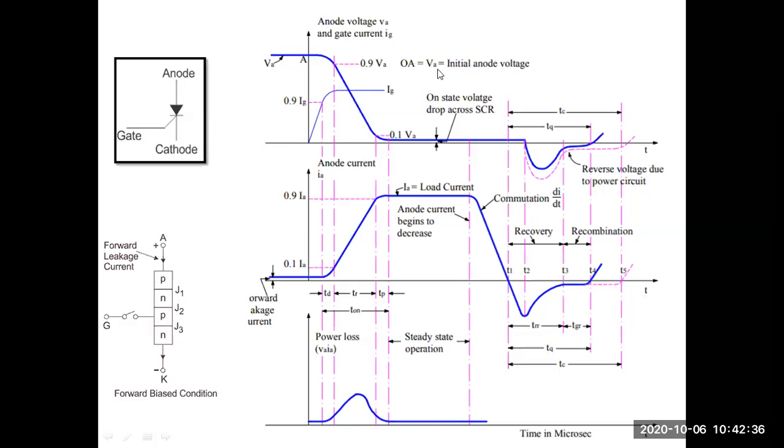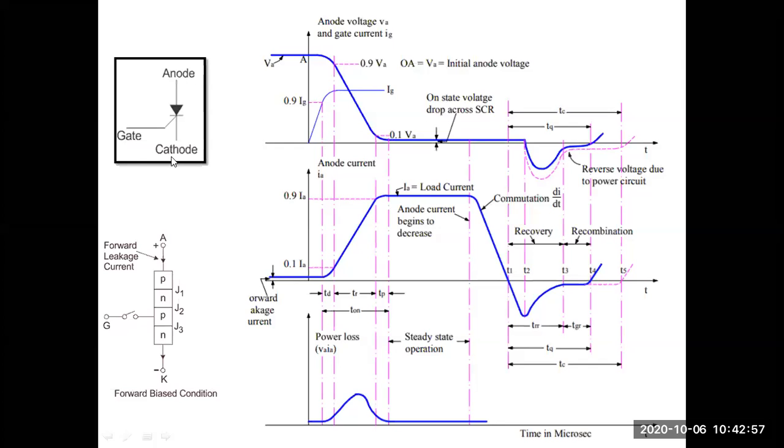Here OA represents the initial anode voltage, where VA is the initial anode voltage. This is the maximum voltage applied across anode and cathode. Now we are slowly injecting the gate current.